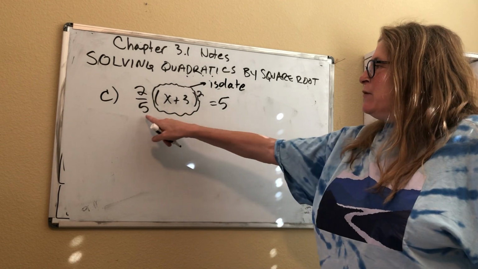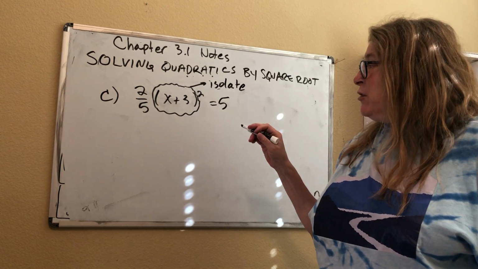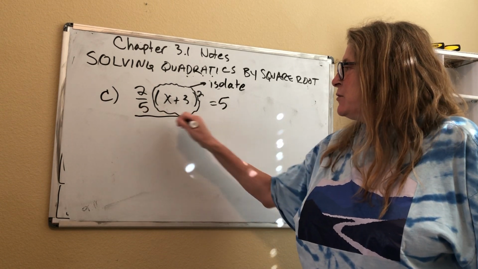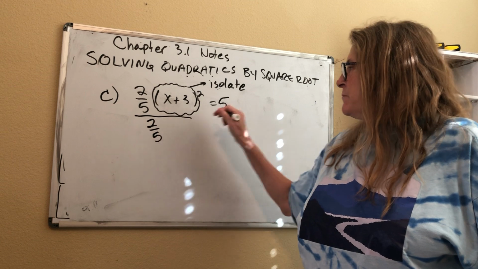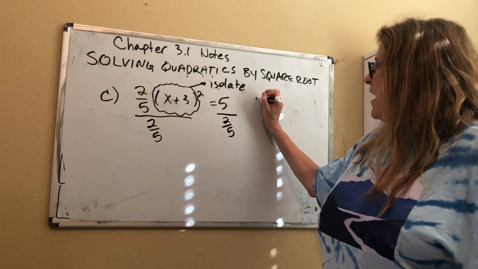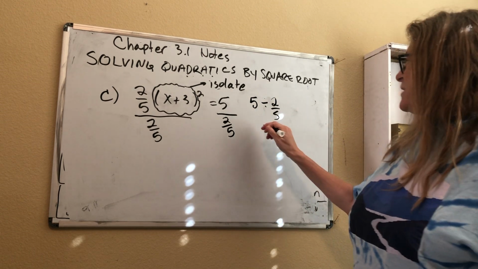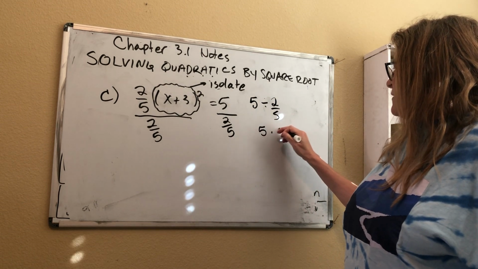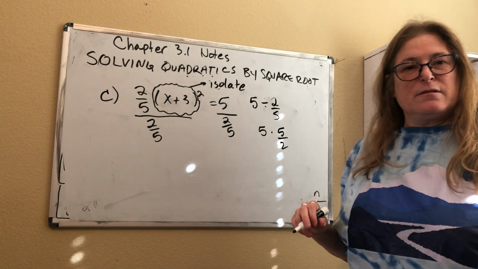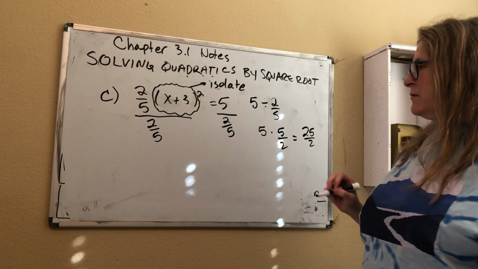So that means I got to move the 2/5 over here. So I could divide by 2/5, which is fine, right? If I do 5 divided by 2/5, that's the same thing as 5 times 5 over 2. So that is 25 over 2.